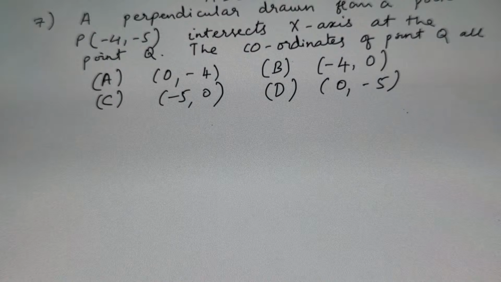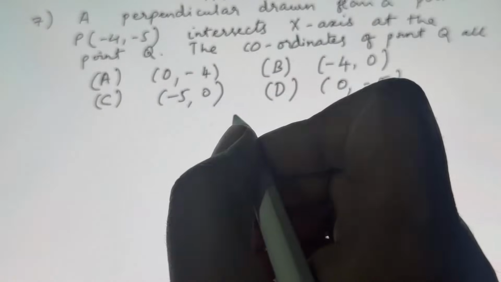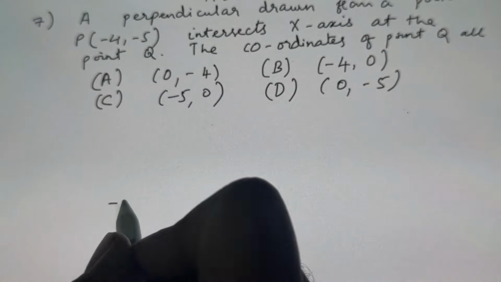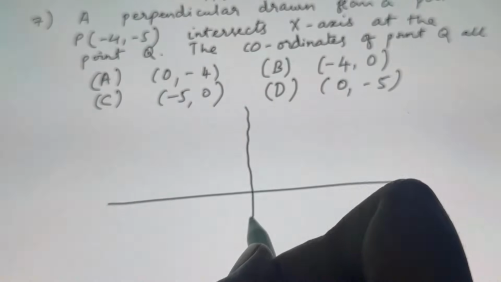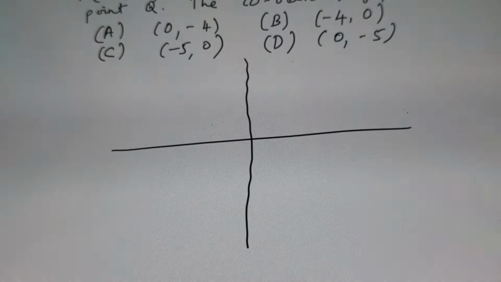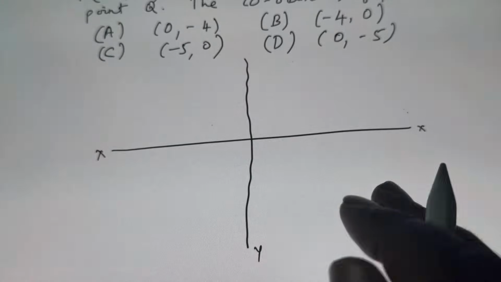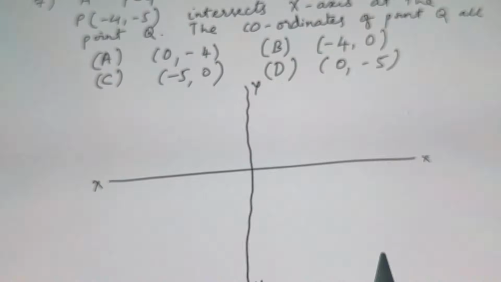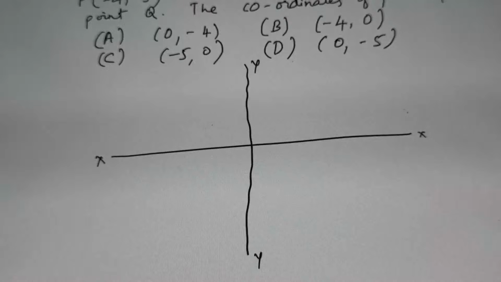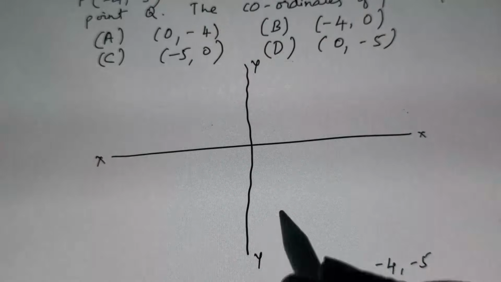So first of all, we have to draw the graph to understand in a better way. Let us draw the x and y axis. So this is the x axis, this is the y axis. The given point is minus 4 comma minus 5, so both are in the negative x axis and negative y axis.